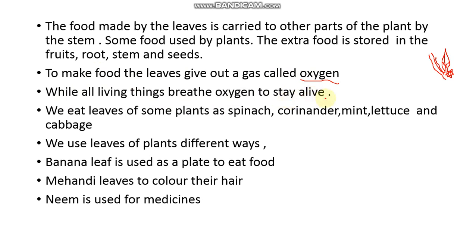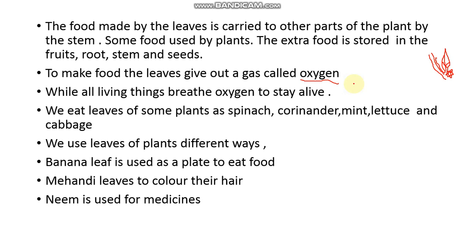See, we will be exchanging gases. What gases do the plants absorb? They take in carbon dioxide and give out oxygen, whereas human beings take in oxygen and give out carbon dioxide, like a give and take policy. If you give, I'll give. If there are no plants, we can't survive.